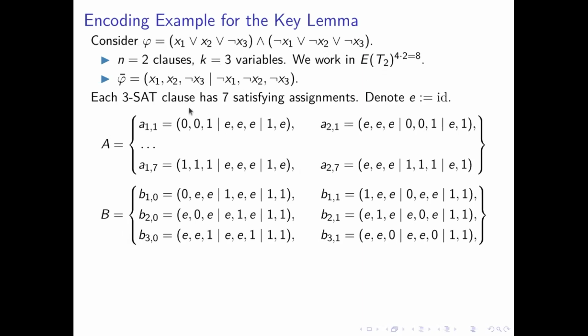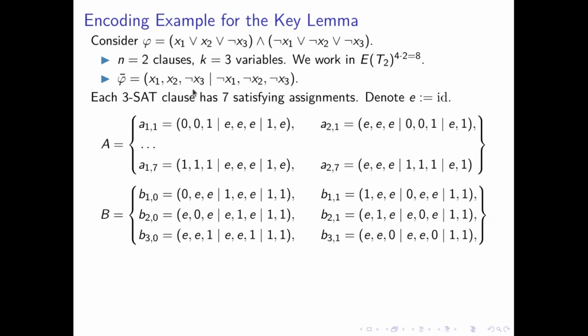One satisfying example of this formula: you write down the normal form for this formula, which is x1, x2, and negation of x3, and negation of x1, negation of x2, x3, which is just writing down exactly how the variables are in the clauses.